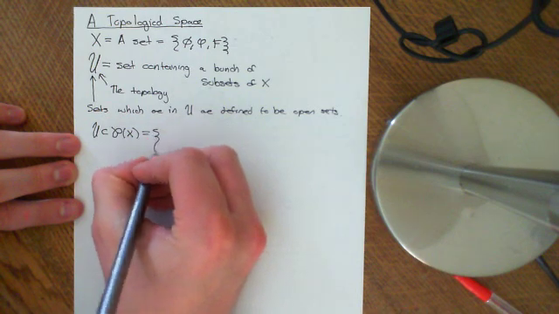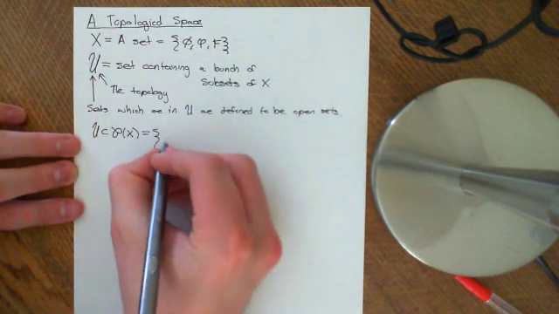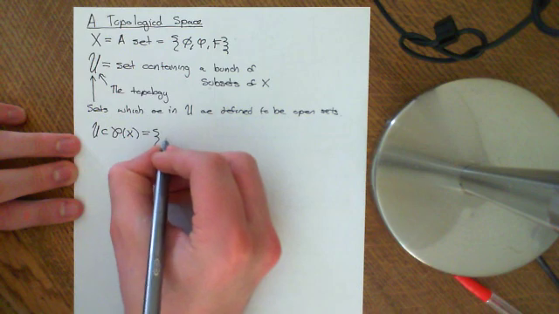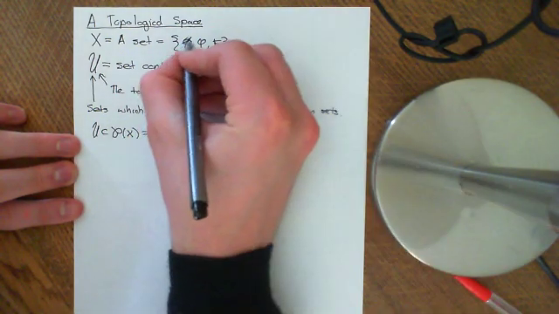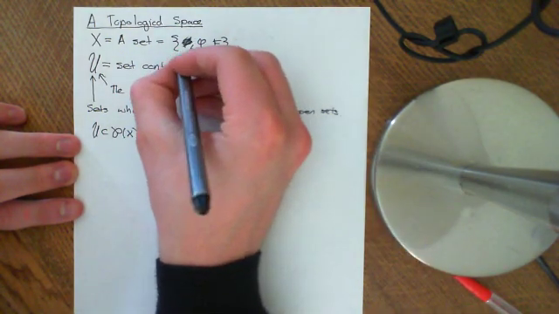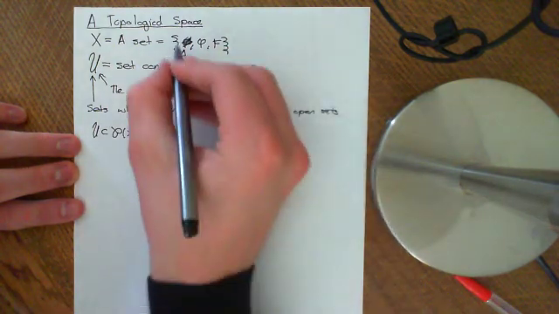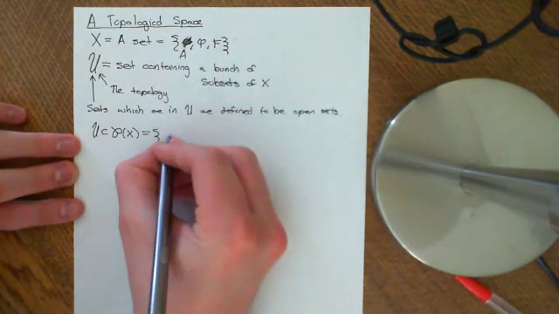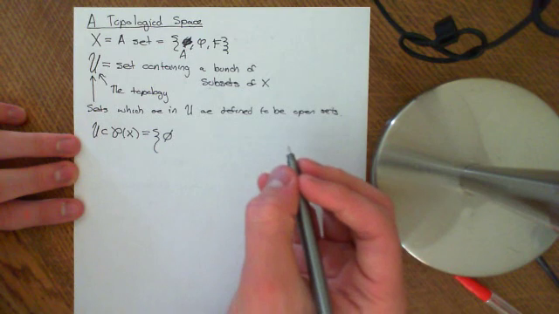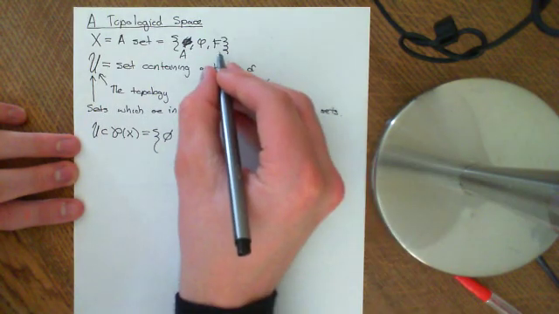So if I do it for this specific example, then we have the empty set, and inconveniently I've used the letter phi here, so we'll have some other symbol there. So these are just symbols. Firstly we have the empty set, which is the set containing nothing. That's certainly a subset of this.